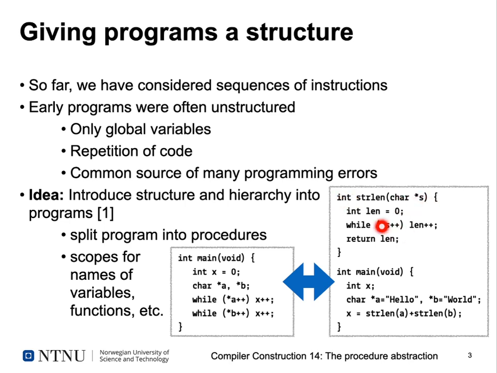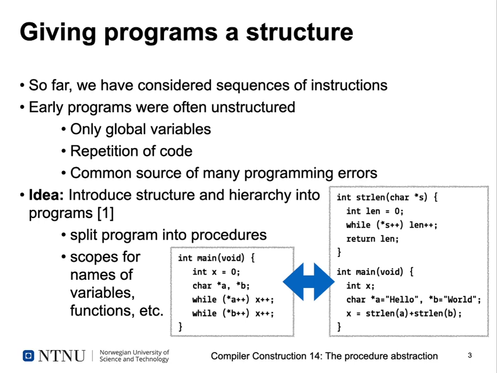And then we can put this loop from here over here to calculate the length of our string and return it. And now in our main program, we can just call string length for string A and string length for string B, add the two integer values that are returned together, and assign them to our variable x.